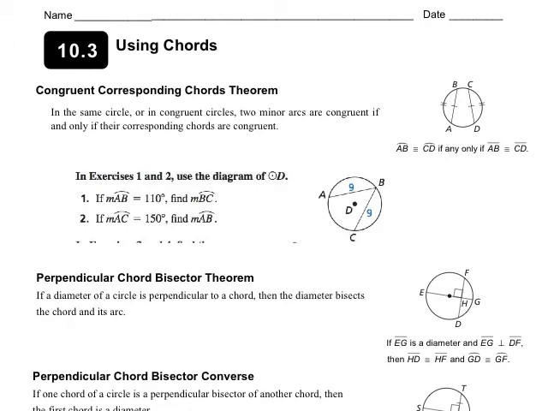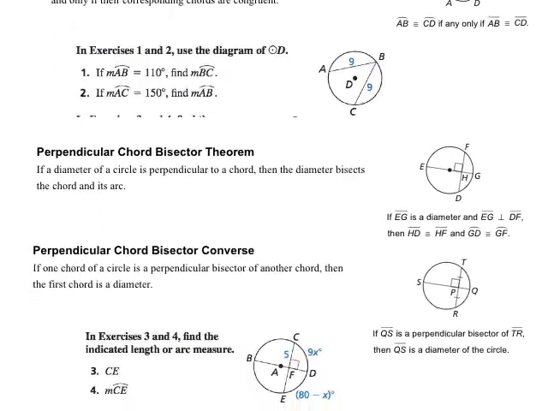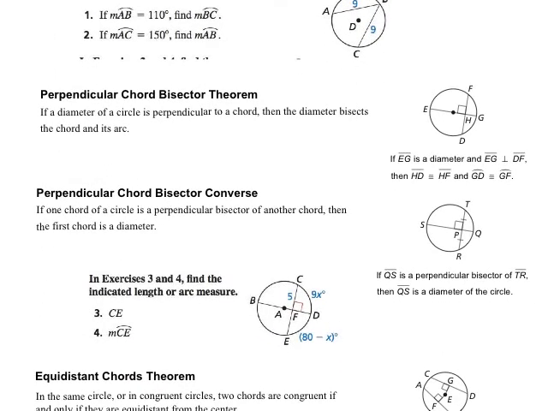All right, let's look at a couple more theorems here. We have the perpendicular chord bisector theorem. That tells me if I have a diameter, and that diameter is perpendicular to a chord, then it must be the bisector of that chord.